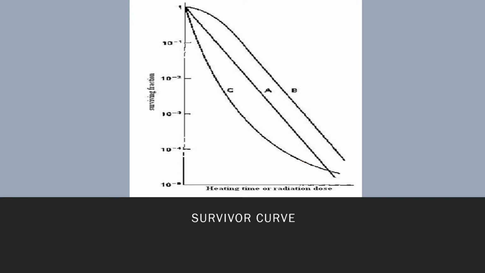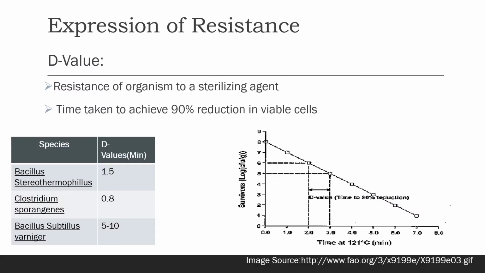Survivor curves have been employed principally in the examination of heat sterilization methods, but can equally be applied to any biocidal process. The resistance of an organism is generally expressed in terms of the D value and the Z value.